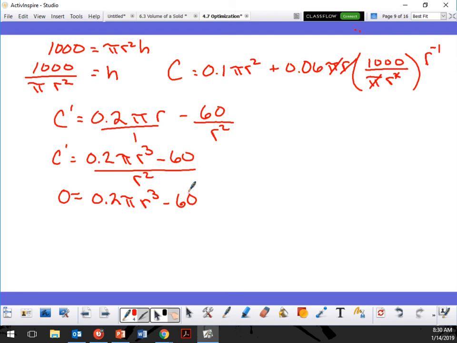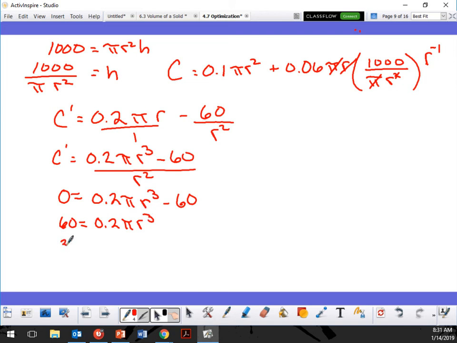I mean, wife. Okay, so add 60 to both sides. So 60 equals 0.2 pi r cubed. So that's going to give me, divide both sides by 0.2. What's that, 300?